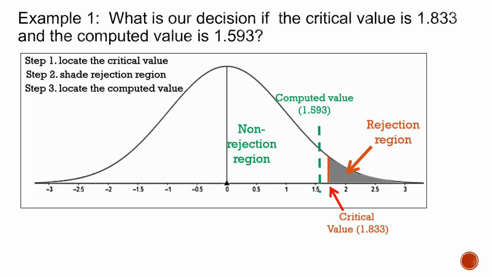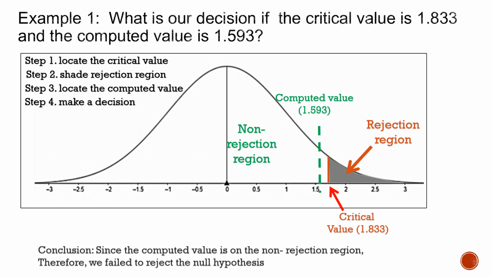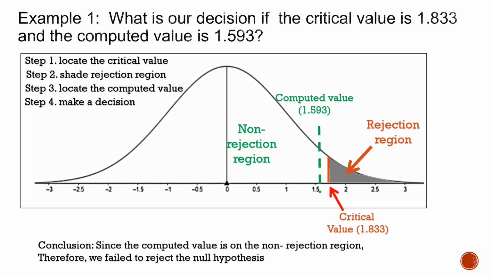Now, approximately the computed value passes 1.5, and it did not reach our critical value and rejection region, and we are now ready to make our decision. So, our conclusion, since the computed value is in the non-rejection region, therefore, we fail to reject the null hypothesis.